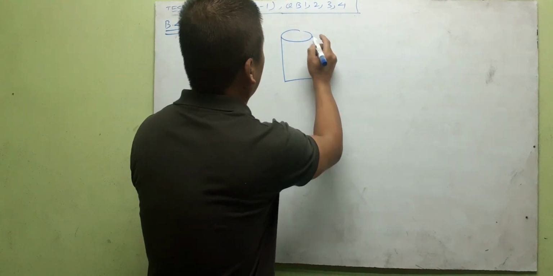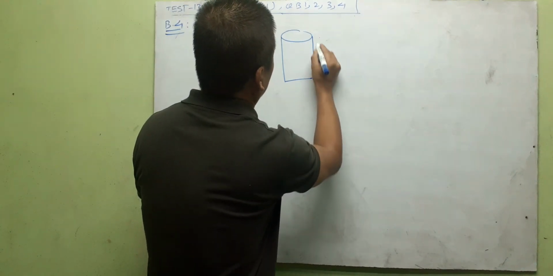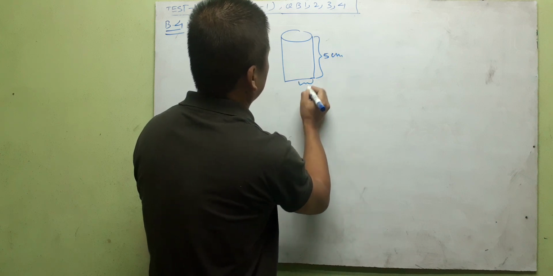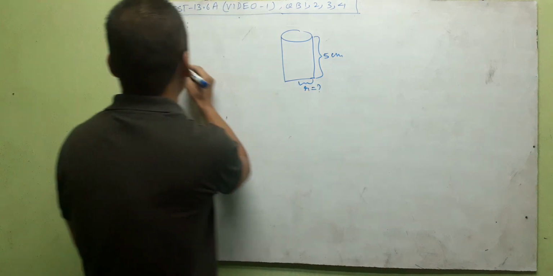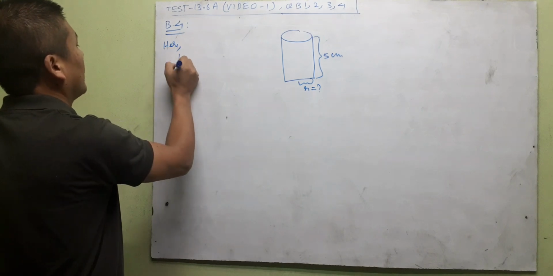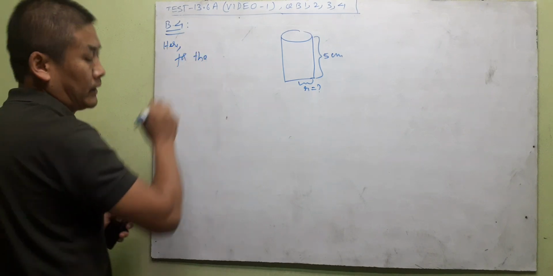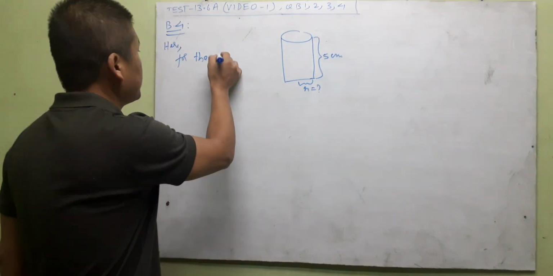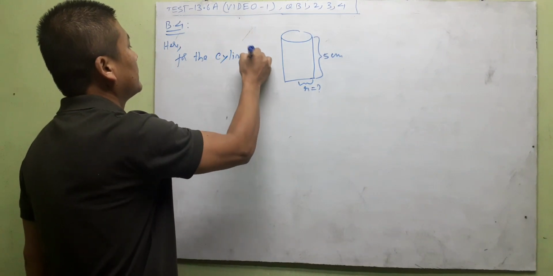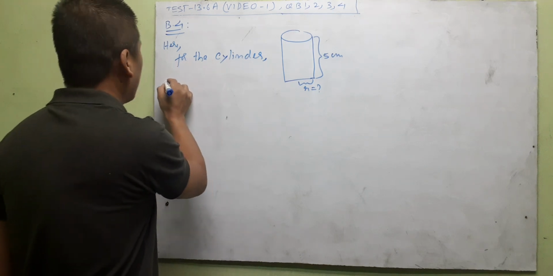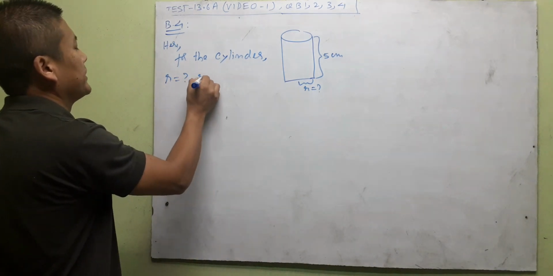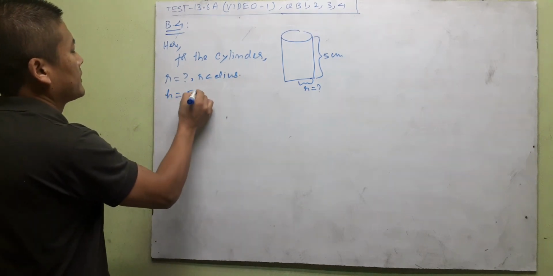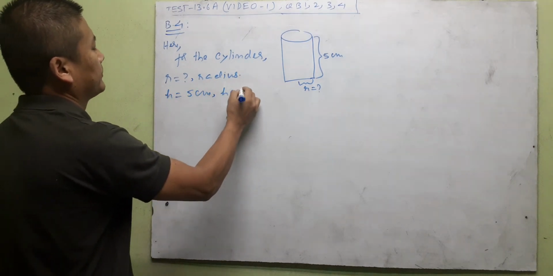So let us write the height. From here to here is 5 centimeter. Radius information is not given, so it's a question mark. So for the given cylinder, r question mark is the radius, and h equal to 5 centimeter is the height.